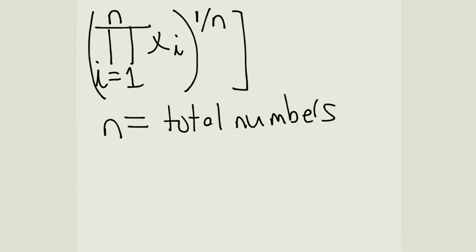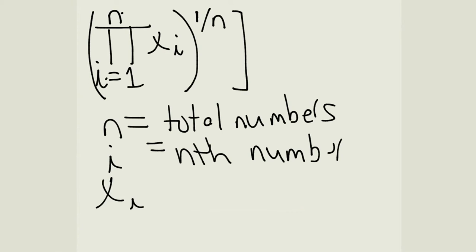This is the first number, this is the second number, all the way until the nth number. Xi basically just represents the numbers. It's any number.